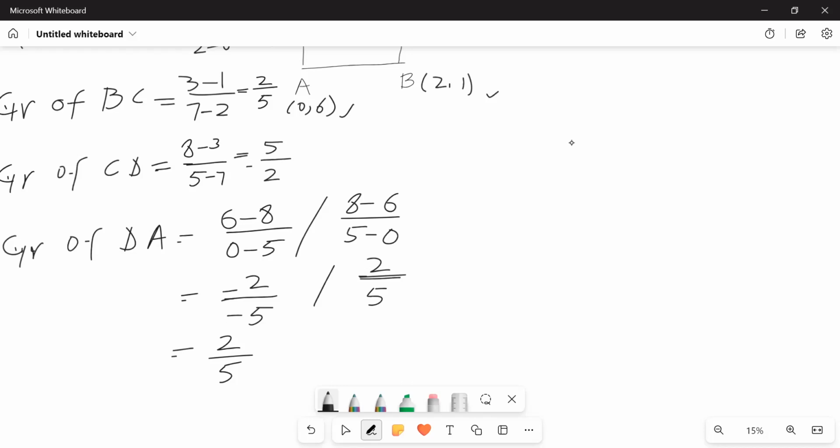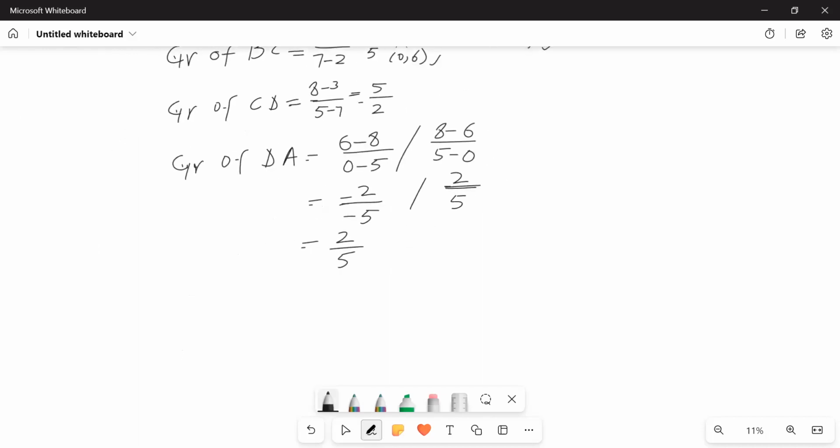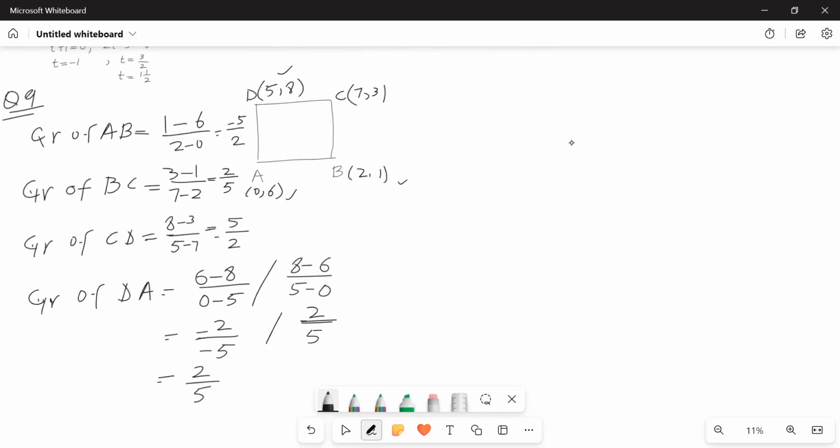So these are the gradients of all sides. Now its second part is, what do you observe about the gradient of the opposite sides of the square? So opposite sides are AB and CD, or DC, they are the same.